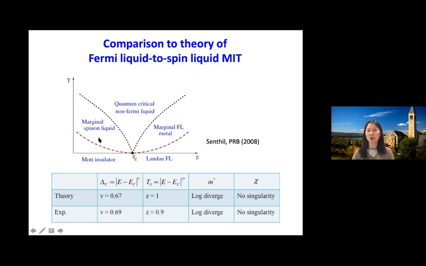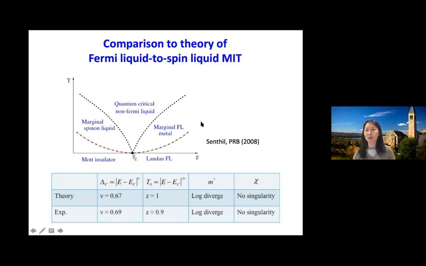Because you have both charge and spin degrees of freedom, he actually predicts there should be two crossovers, and that's something we are still learning, so any comments will be very welcome. Comparing our experiment to the prediction of this theory, it looks like we have reasonably good agreement.